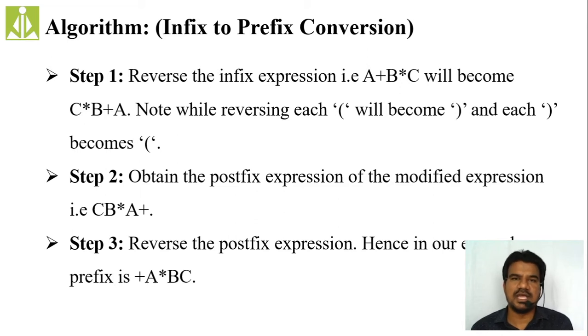While reversing, we have to make sure that whenever we have an opening parenthesis, we replace it with a closing parenthesis, and whenever we have a closing parenthesis, we replace it with an opening parenthesis. This we have to make sure whenever we are reversing the string. Then after reversing, we have to convert the reversed string into postfix form.